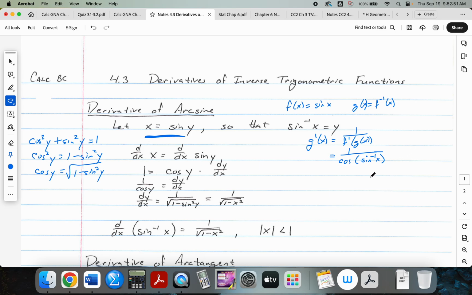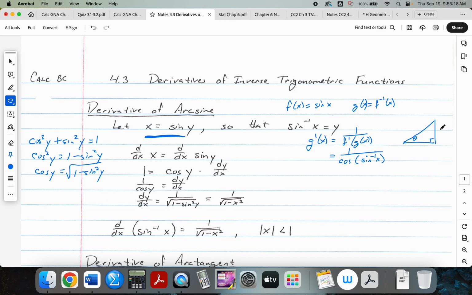You could, at least in theory, leave it like this, but it's not particularly satisfying because it still has the sine inverse in it. What you have to do is make a reference triangle. To find the sine inverse of x, that's an angle, theta, whose sine is equal to x.